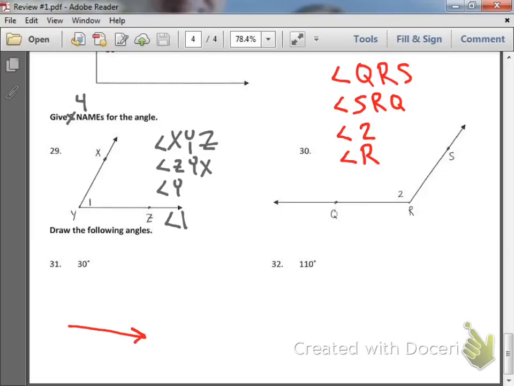You want to line this little crosshair thing, this little T, at the end point of your ray, make sure your ray is going off through the 0, and then count up 10, 20 until you find the angle you want, 30. So we want this to be 30 degrees. So when I line it up, it's right here.